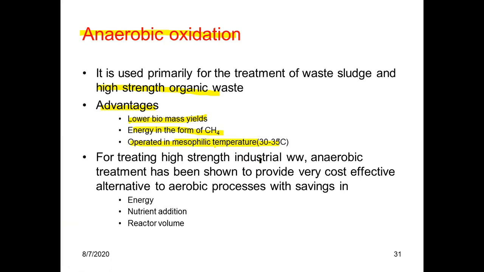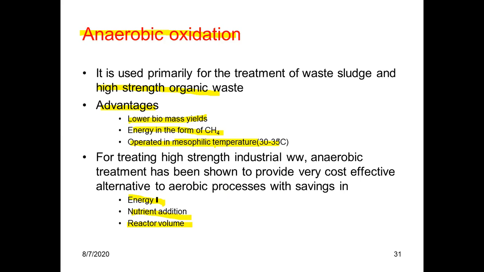For treating high strength industrial wastewater, anaerobic treatment has been shown to provide a very cost effective alternative to aerobic processes, with savings in energy, nutrient addition and reactor volume. When we talk about aerobic processes, trickling filter, RBC or activated sludge, they need energy to run impellers, to give compressed air.